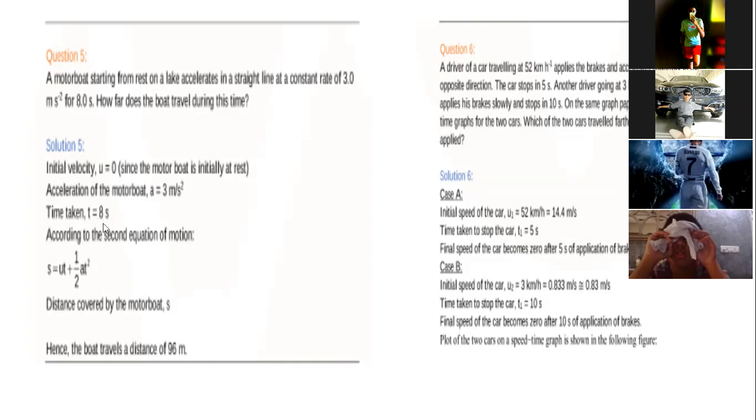So what you have understood from the first statement is that the motorboat is starting from rest, where small u is equal to 0. Your acceleration is 3 meter per second square, that is your small a. And the time limit is given as 8 seconds, so t is equal to 8 seconds. Now you have t, you have a, and you have u equal to 0.